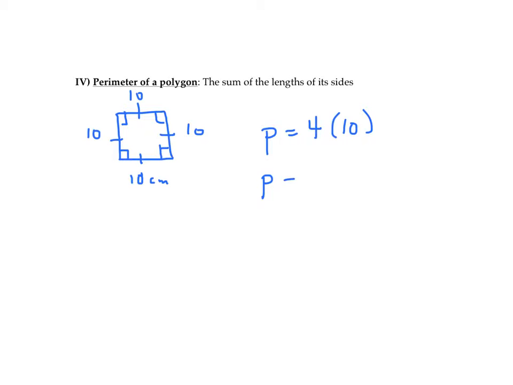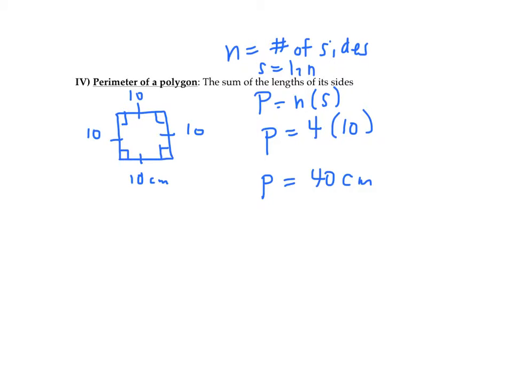So perimeter equals 4 times 10, or 40 centimeters. So another way to think of perimeter is to take the number of sides, n, and multiply it by the length of one side. So again, n equals number of sides, s equals length of one side.